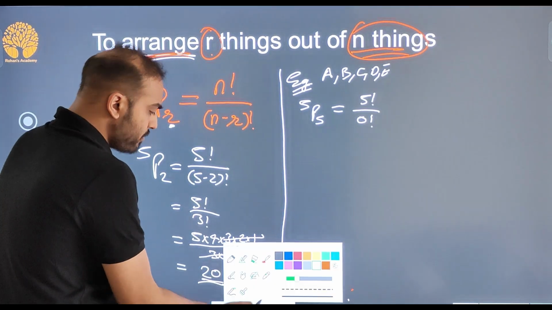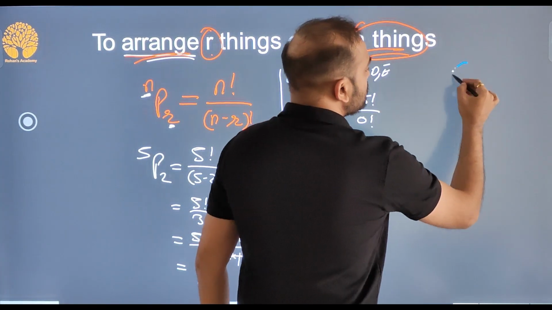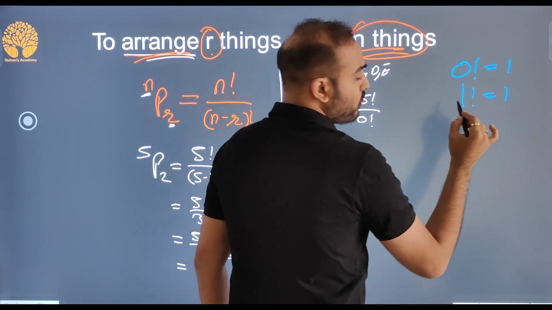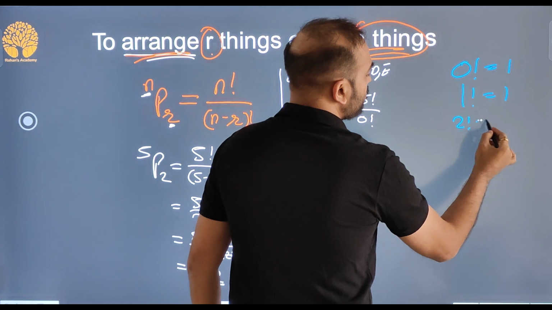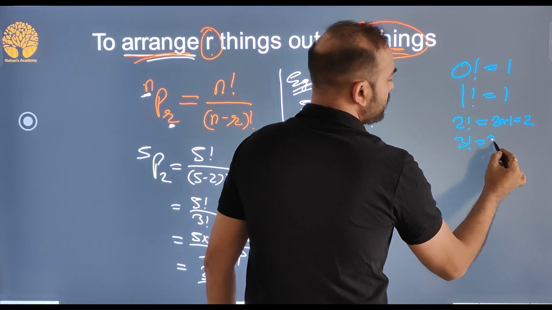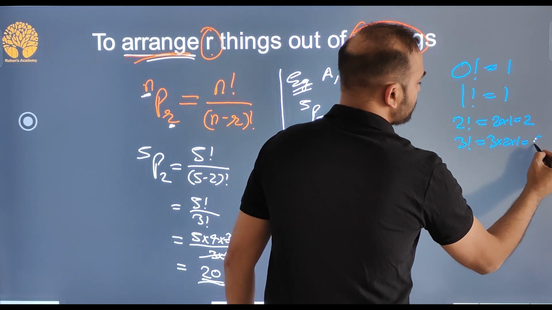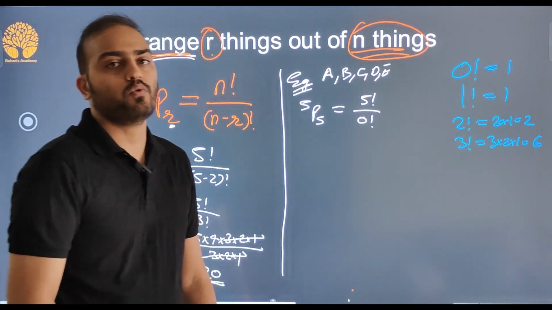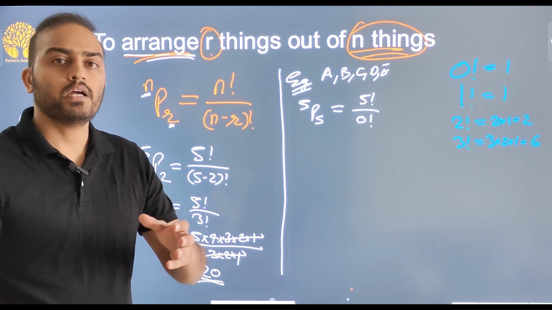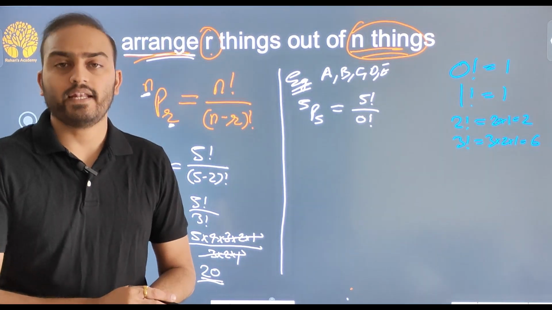Now remember, 0 factorial is 1, 1 factorial is also 1, 2 factorial is 2 into 1, which is 2, 3 factorial is 3 into 2 into 1, which is 6, and so on. With enough practice, I'll request that you learn factorials up to 10 at least.